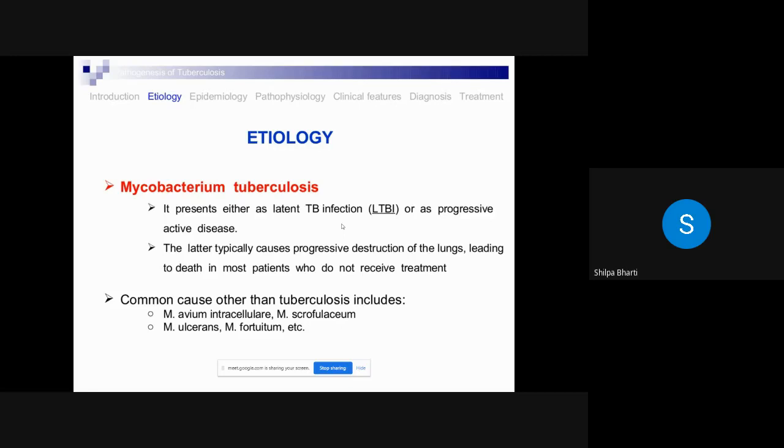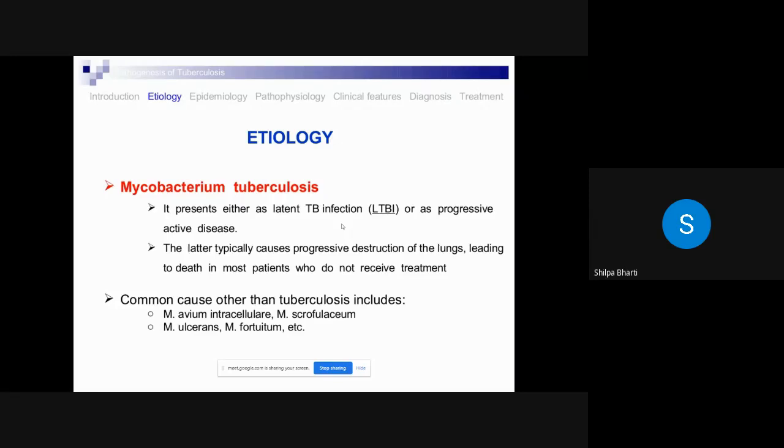So that is the difference between an infection and an active disease. In latent TB infection, the disease is not transmittable. Okay. And in progressive active disease, the person is capable of transmitting the disease via coughing or sneezing.